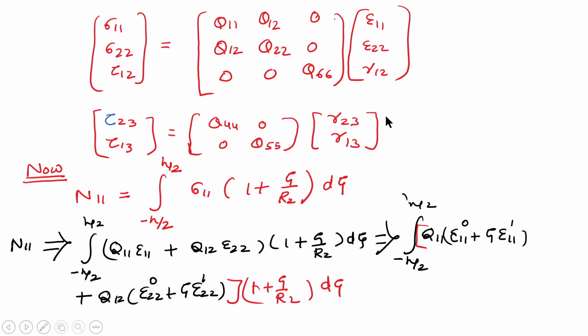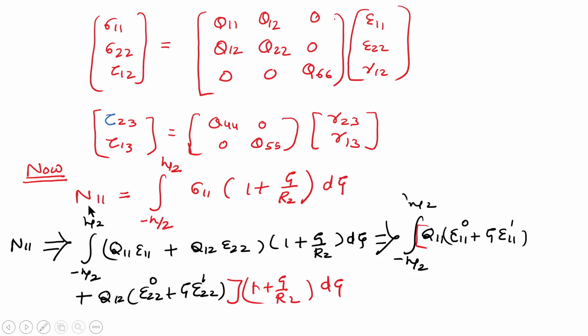Now, how do you get the constitutive relations for the case of a shell? We say that the definition of the N11 stress resultant in the first direction is the integral from minus h by 2 to plus h by 2 of sigma 11 times 1 plus zeta by r2 d zeta. This is our definition.